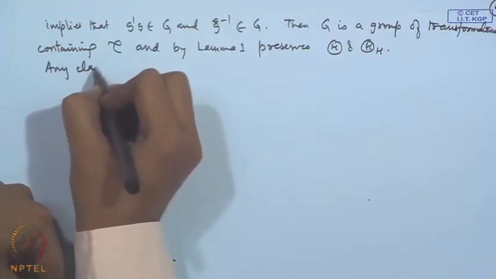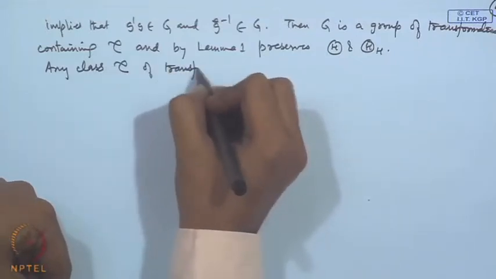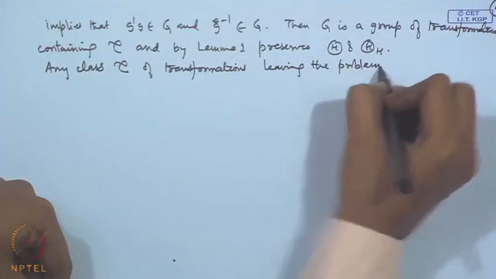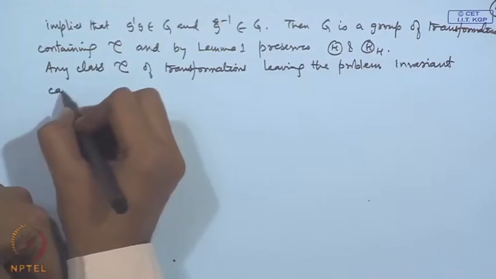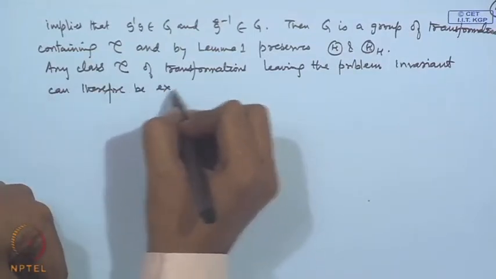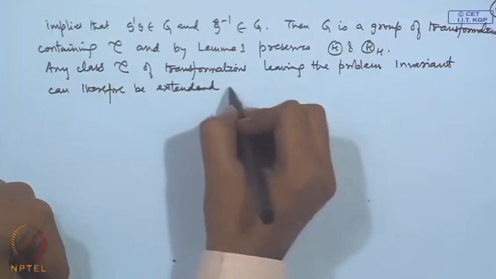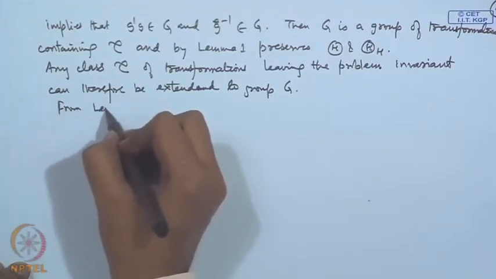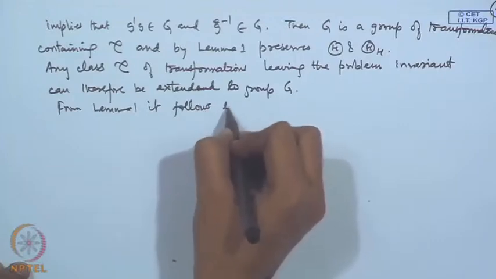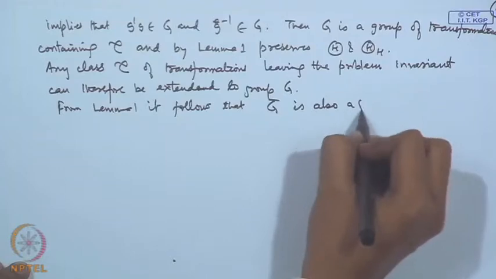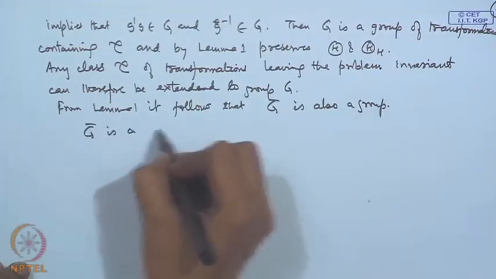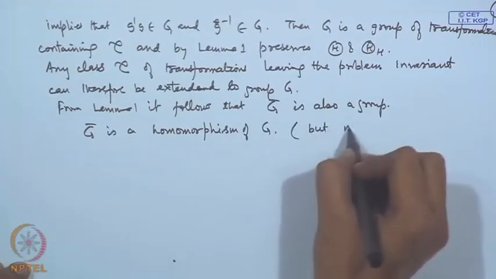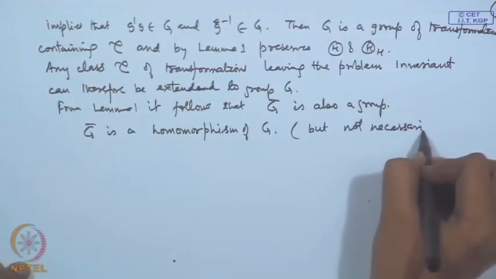So, any class C of transformations leaving the problem invariant can therefore be extended to a group G, and from lemma 1 it follows that G bar is also a group and G bar is a homomorphism of G, but of course, not necessarily isomorphic.